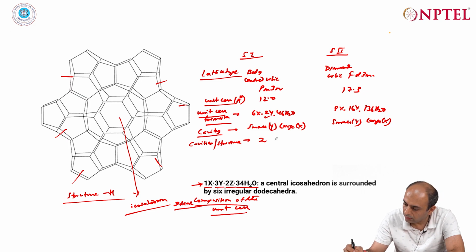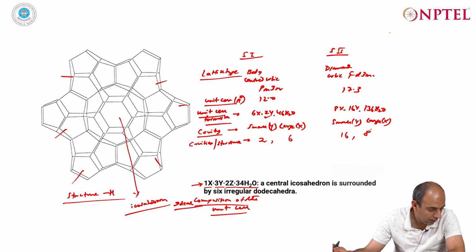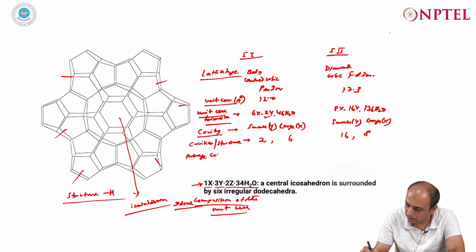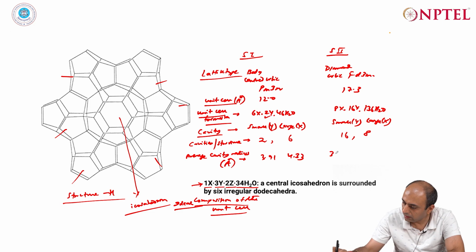As you saw, there are two cavities of y, and there are 6 for the x, and here it is y is 16 and x is 8, and the average cavity radius is 3.91 in angstroms. This is 4.33, 3.902 and 4.683. This is the cavity radius.